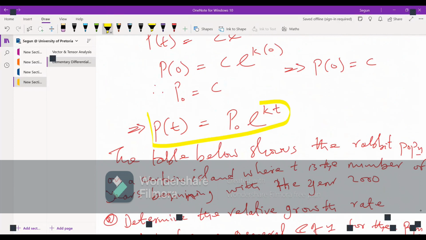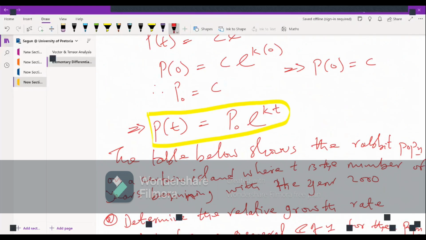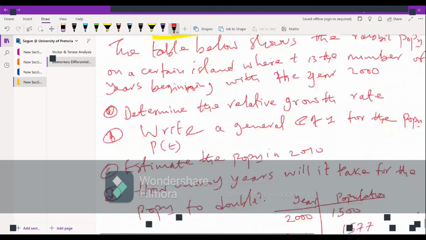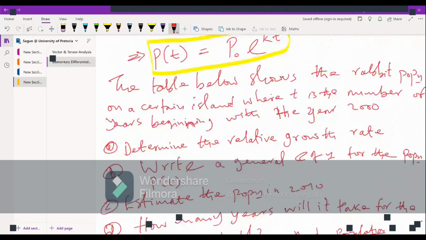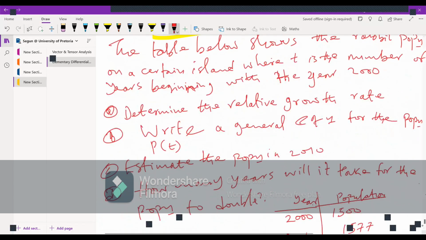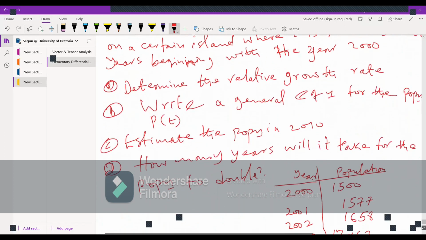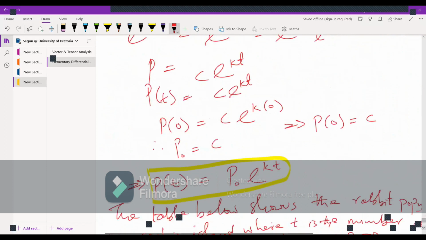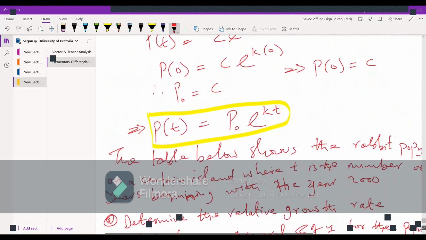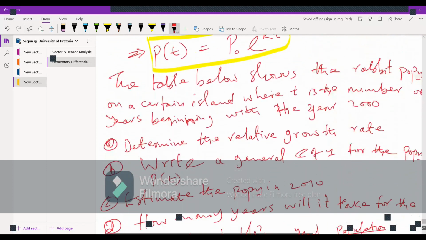If I have this as my general equation, I should be able to solve this problem. So in this case now, what is our P of t?